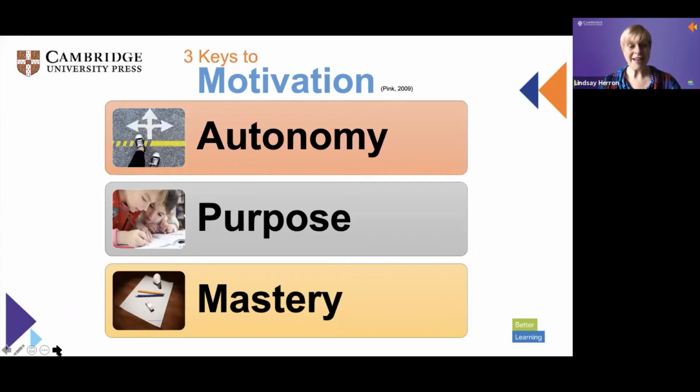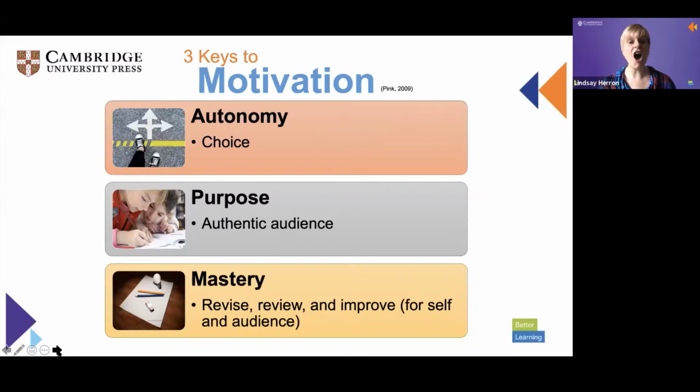Furthermore, Daniel Pink has identified three main keys to motivation: autonomy, purpose, and mastery. And multimodal projects tick all of those criteria. Students have autonomy because they can choose how to express themselves. They can choose exactly what to say and how to say it using a wide variety of modes.